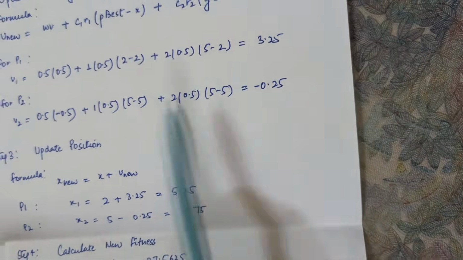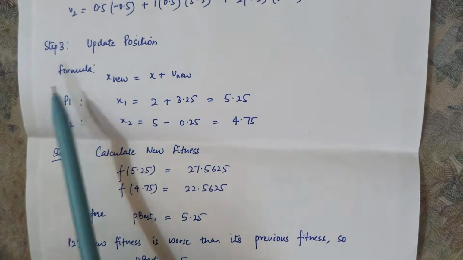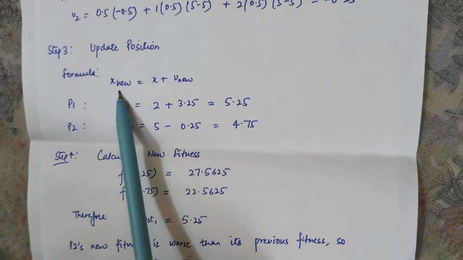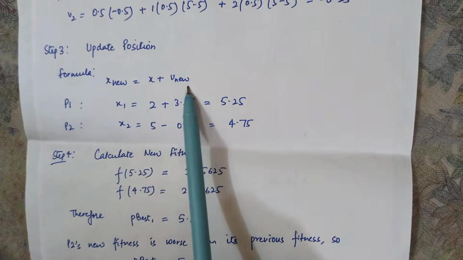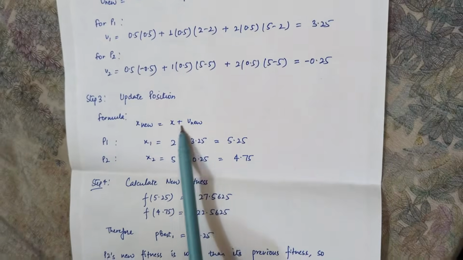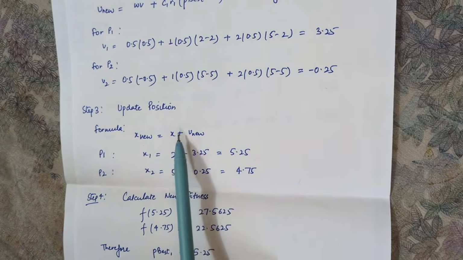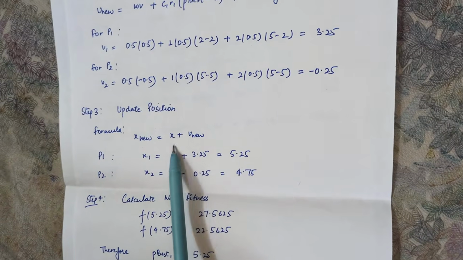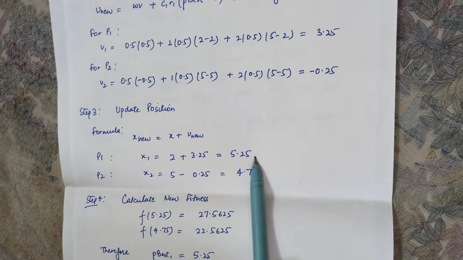Once we have done that, we'll update the positions based on the new velocities. The formula is x_new equals x plus v_new, that is the initial position plus the updated velocity. So for p1, x1 equals the initial coordinate 2 plus the v_new we calculated, 3.25, so it's 5.25.